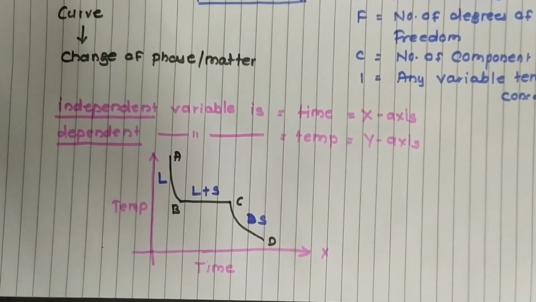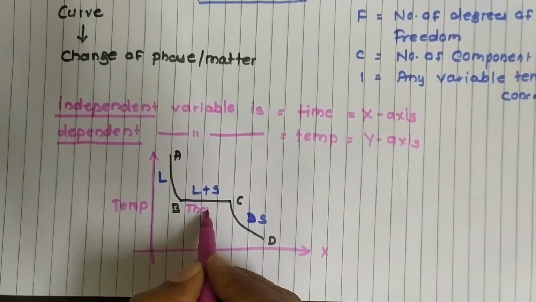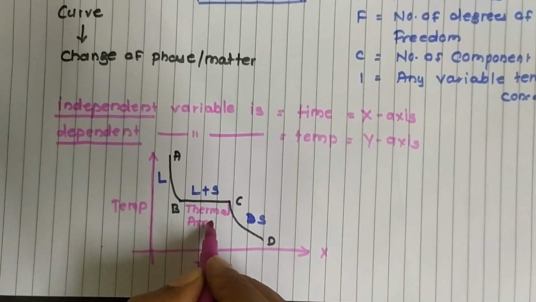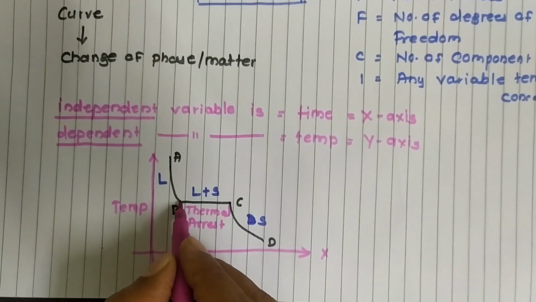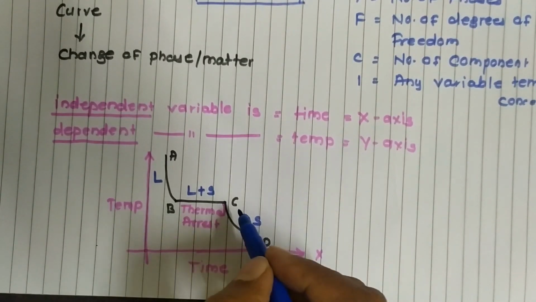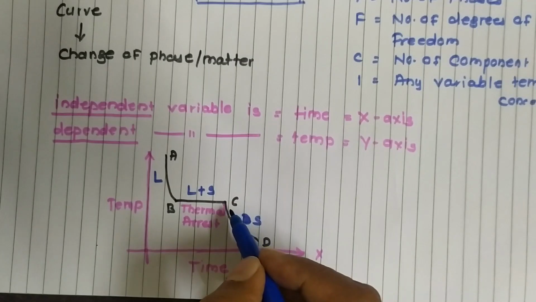This is nothing but the thermal arrest, because from point B to C the temperature remains constant.